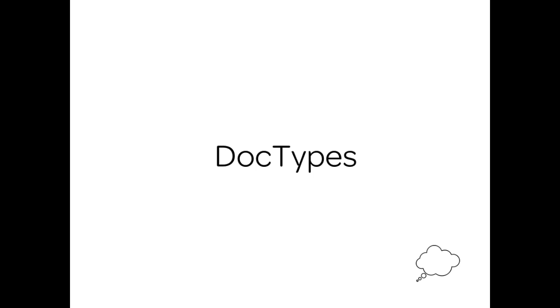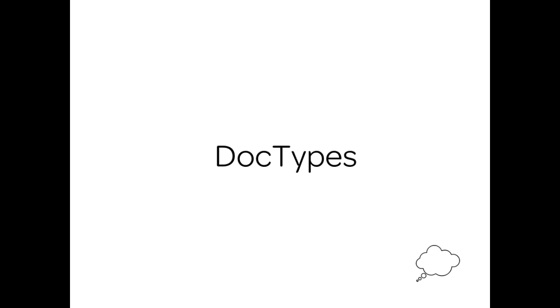So this brings us to our first thought bubble of this session. What are doc types? You will hear this term a lot if you're developing Frappe apps. In Frappe, everything is a doc type. It's basically a model in your typical model view controller architecture.